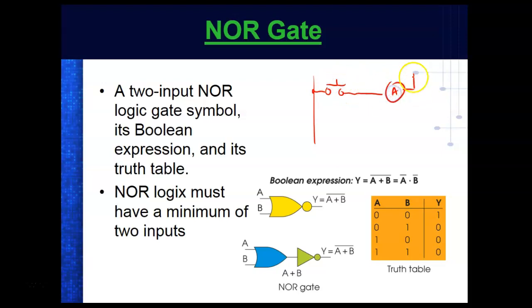So here's A, here's B. This guy's going to start off true, and if I press either one of these buttons, I want it to go false. So I've got my light over here.